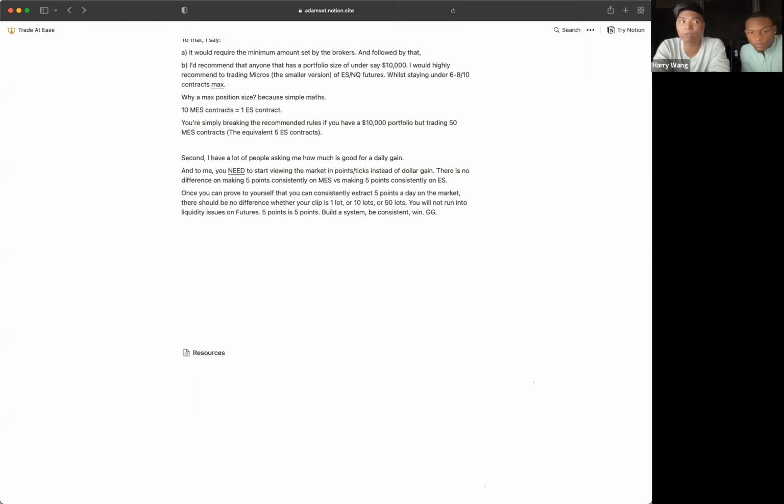And sizing accordingly would, i.e. mean how many micros do you use? Well, your average clip size might be 2 or 3. And then on super high conviction ideas, maybe it goes up to 6. But it's all going to be relative to your account size. Your position size should always be relative to your account size, and your stops, at least while you're growing, should always be consistent.